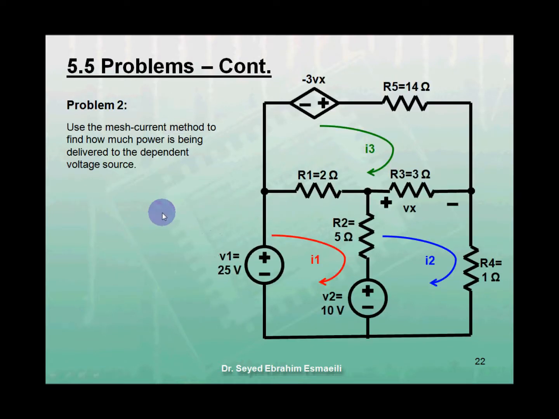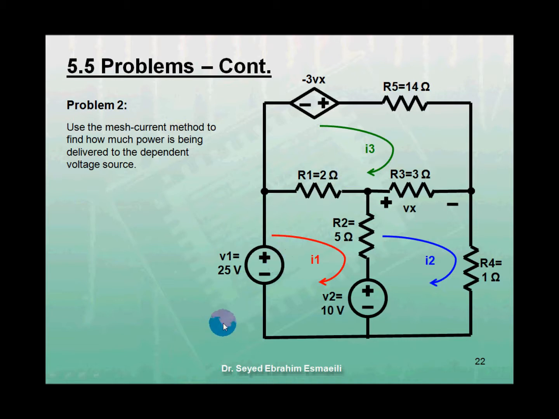In problem 2, we need to use the mesh current method to find how much power is being delivered to the dependent voltage source. We begin our solution by noting that we have three meshes, mesh 1 with current I1, mesh 2 with current I2, and mesh 3 with current I3.